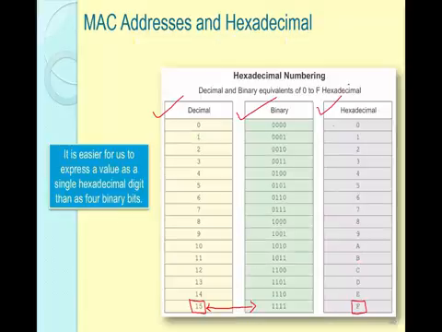Now recall that the hexadecimal number system is base 16, so you have 0 to 9, the digits that we're familiar with, and for the remaining digits, it borrows letters. And that's why we say any hexadecimal digit is the equivalent of 4 bits. Why? Because 15, which is 1 digit in hexadecimal, is a representation of 4 bits in binary.